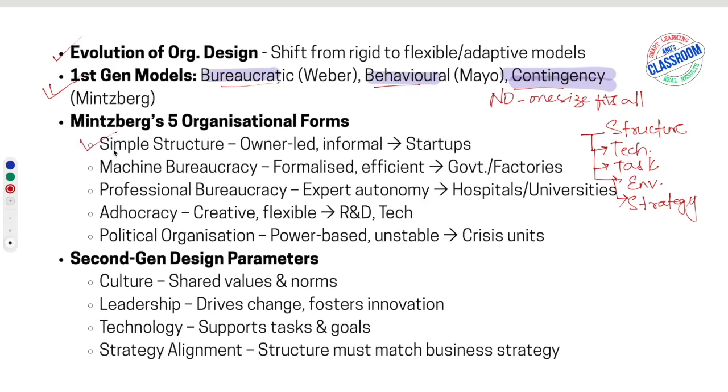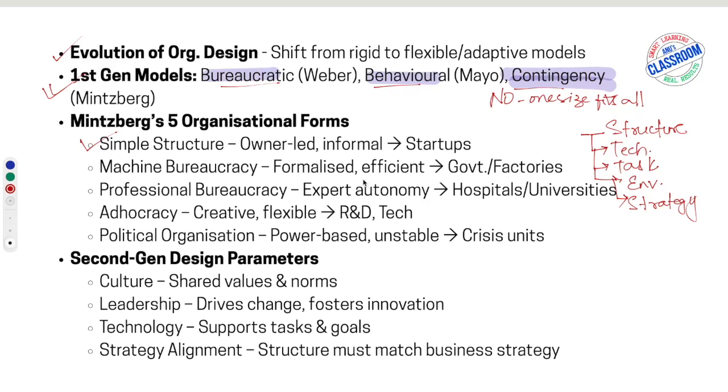So a simple organizational structure is best suited for owner-led organizations, which are kind of like informal as well, like startups. But let's say you are in the government, you are in charge of some department, and you can set up some new office over there.